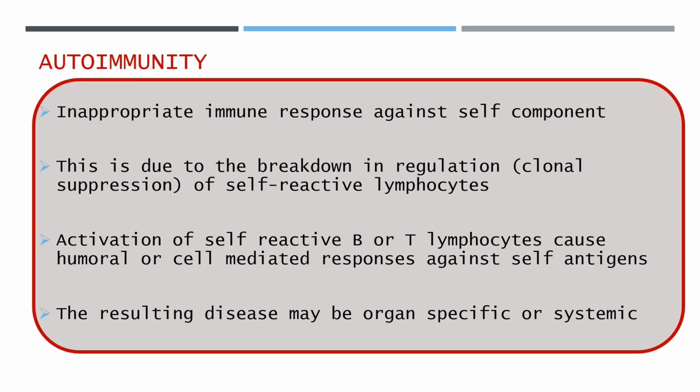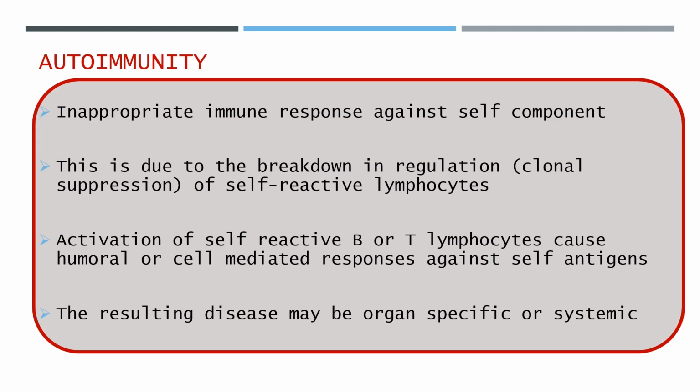But when there is a breakdown of this regulation, there is a very high likelihood that self-reactive cells will begin to attack self components. Activation of these self-reactive B and T lymphocytes causes either humoral or cell-mediated responses against self-antigens.